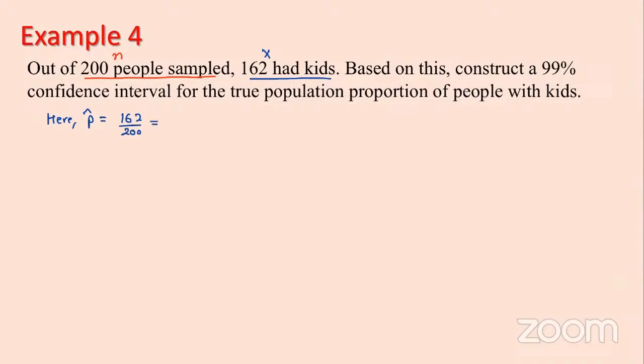And if you divide that, what is that equal to? 0.81. Is that what you said? 0.81? Okay, 0.81. So that is telling us that 81% have kids, right? In that sample, 81% have kids. So how many of them don't have kids? What is Q hat then?